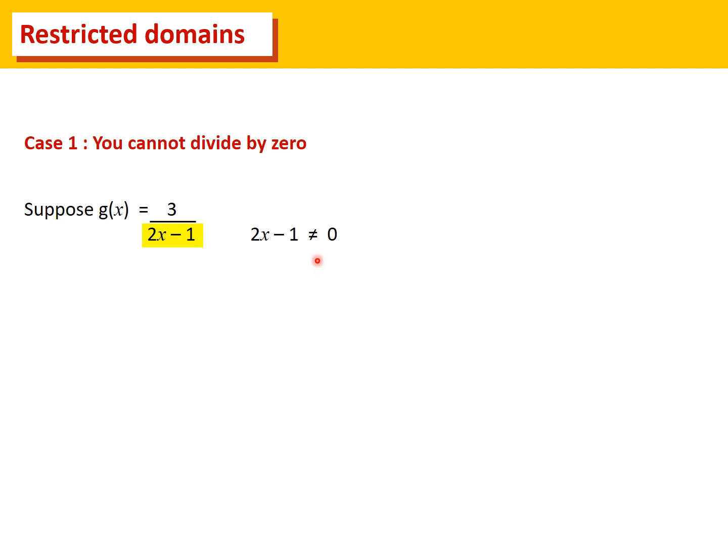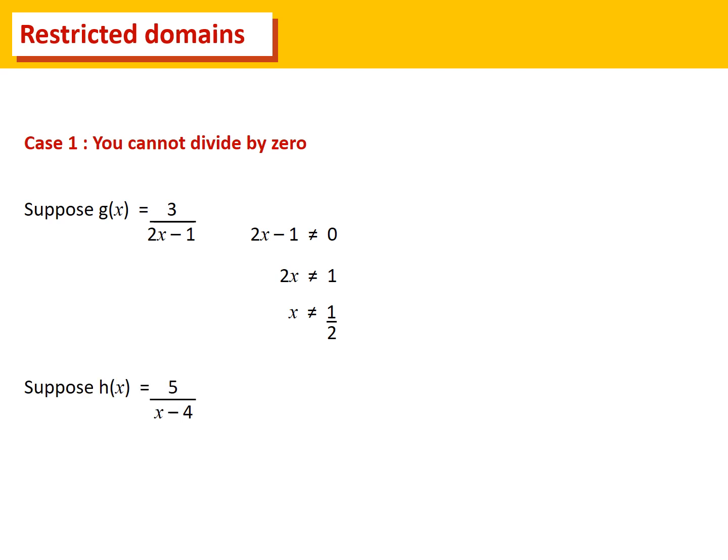And that's the notation there for cannot equals, an equal sign with a line through it. If we add 1 to both sides, that means 2x cannot equal 1. And if we divide by 2, x cannot equal a half. And therefore, x equals a half is the value that we cannot have. X cannot equal a half because if x does equal a half, it will make this denominator 0, and you can't divide by 0.